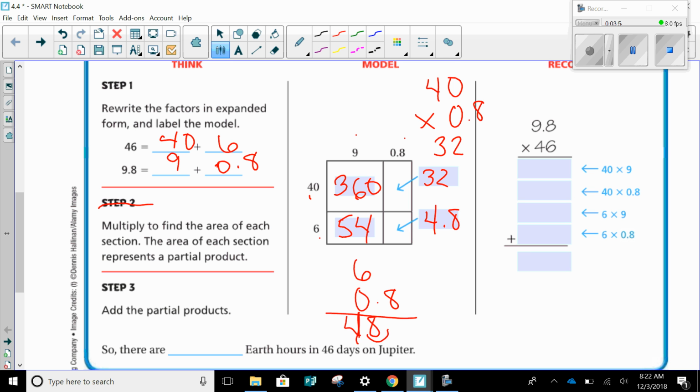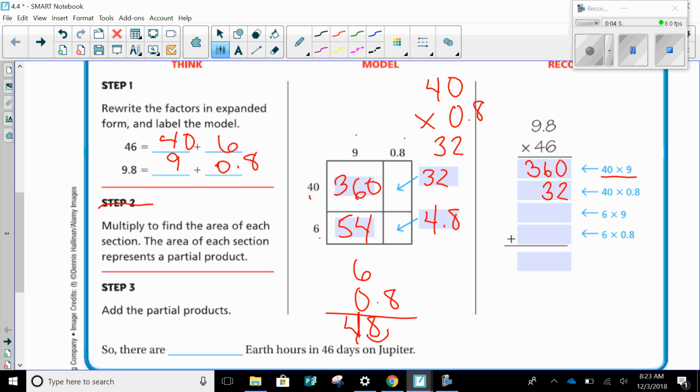Okay. So now I have to add these partial products together. So I have 40 times 9 over here, so that's 360. Then I have 40 times 8/10, which is 32.